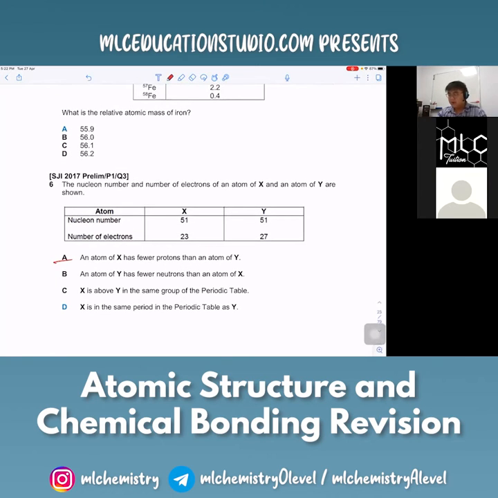Let's look at 6. Actually, for 6 you can skip the question, I realized, because the question isn't actually asking for anything. There isn't a question per se. You just have the diagram there.